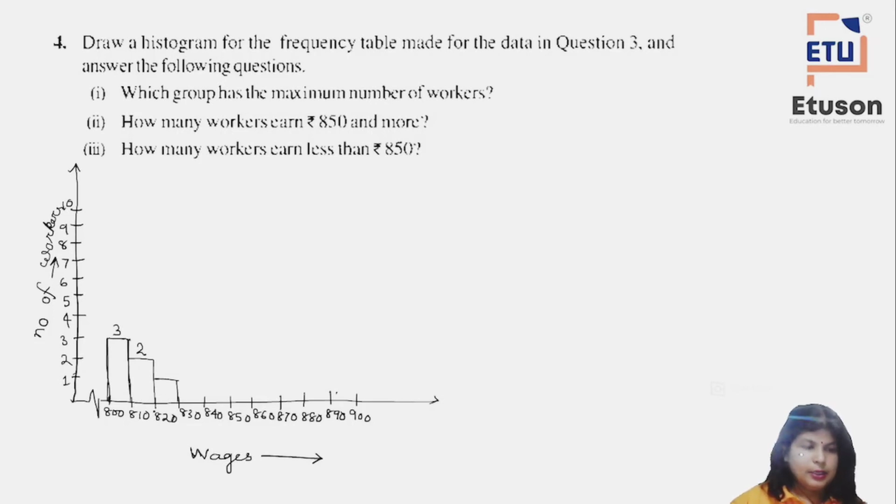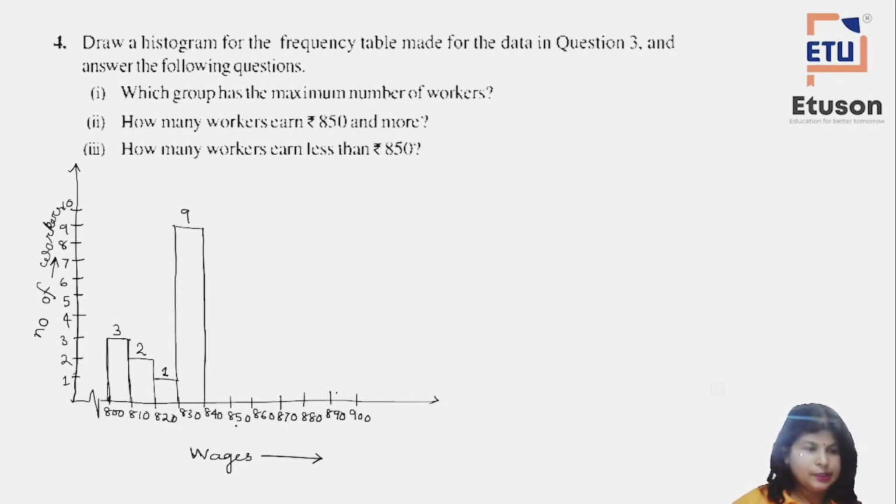Then 830 to 840, it is 9. Okay, so this represents your 9 and here it is 1.